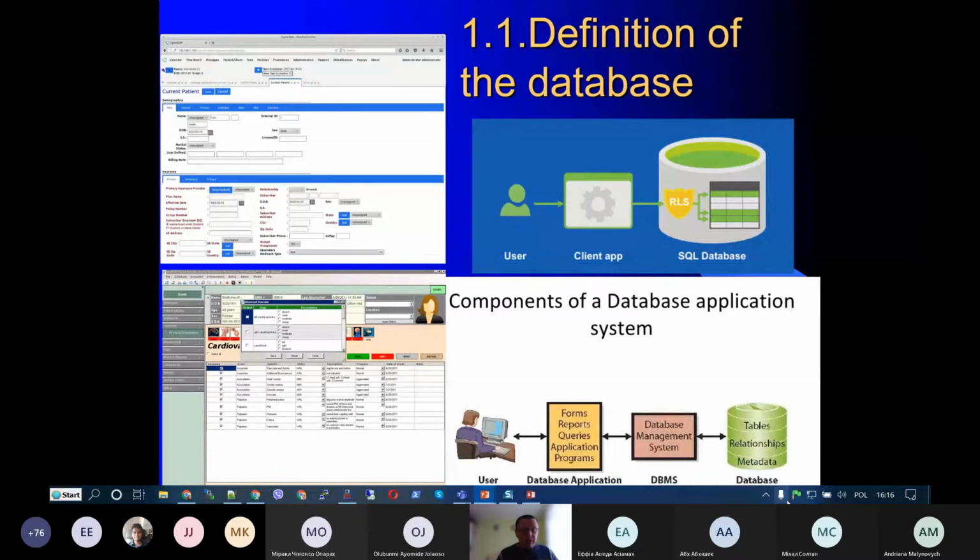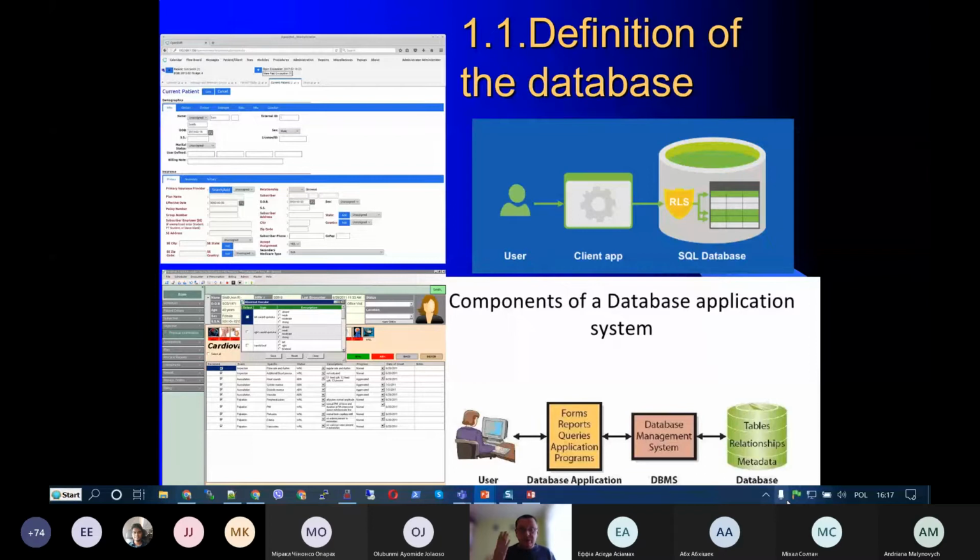So at the left side we can see at least two different information systems. Above, especially, is the OpenEMR medical information system, and at the right side we have a block diagram of how it can be represented and where the database will be placed in this case.